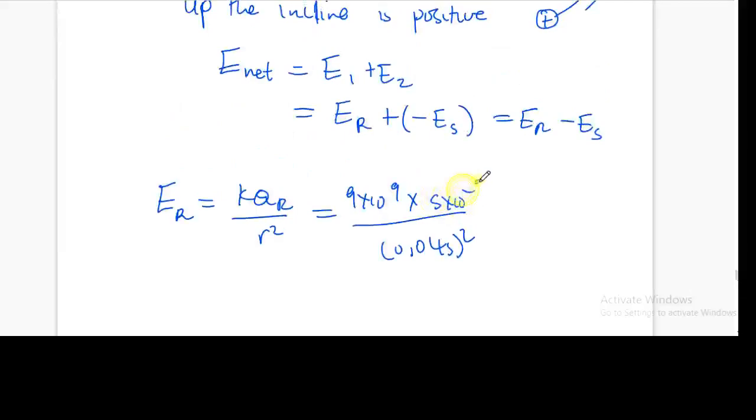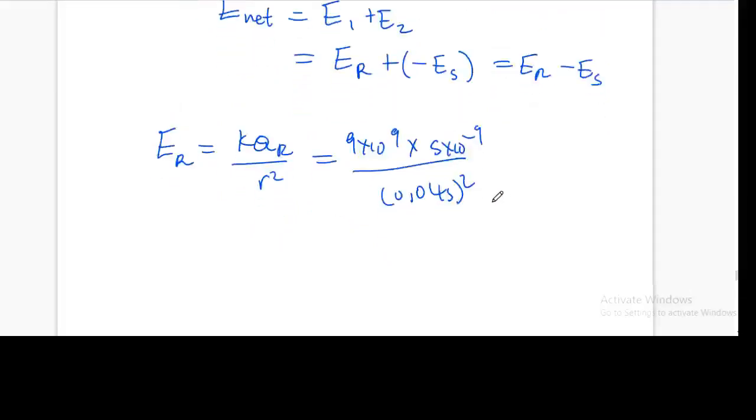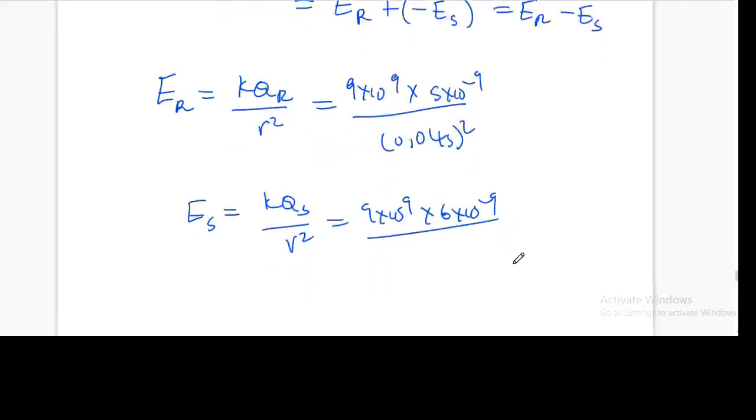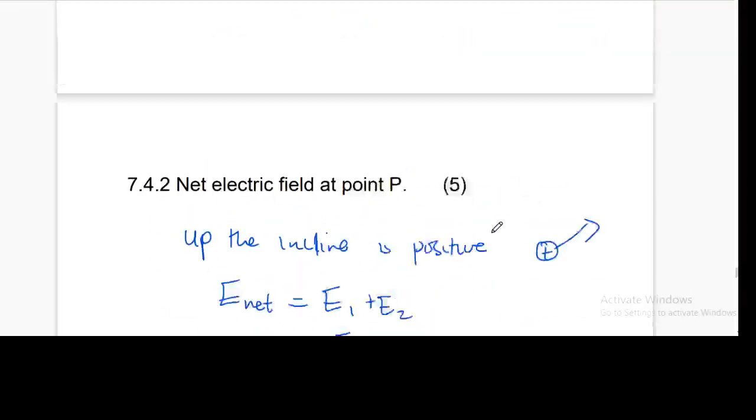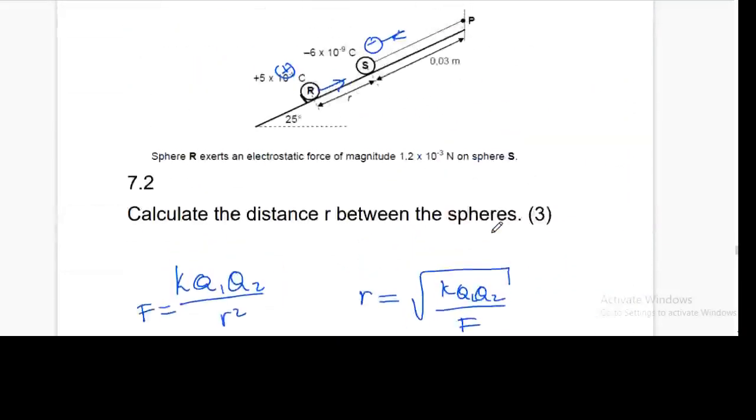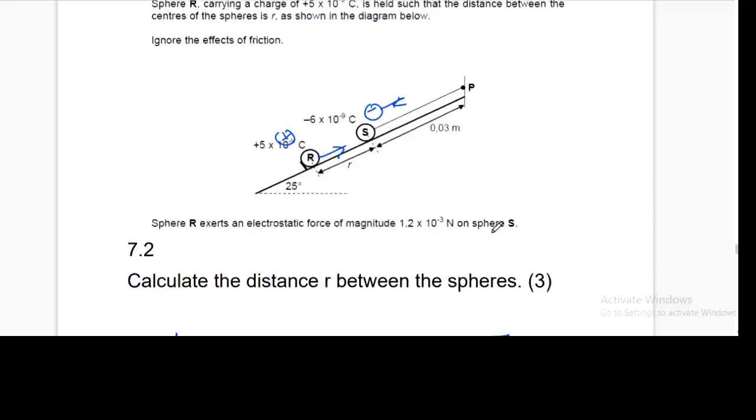The other one, let me write it here: ES is kQS divided by r squared, 9 times 10 to the power 9 times 6 nanocoulombs divided by 0.03 squared. Okay, I think that's that.